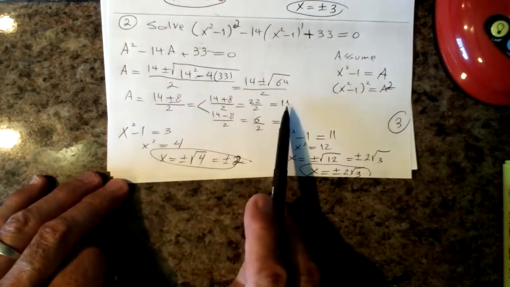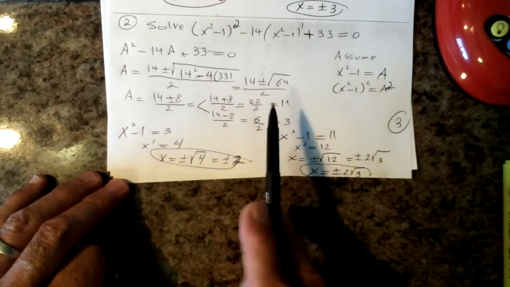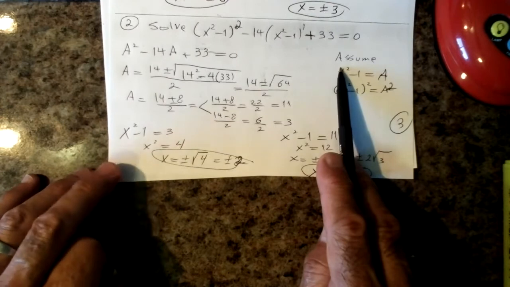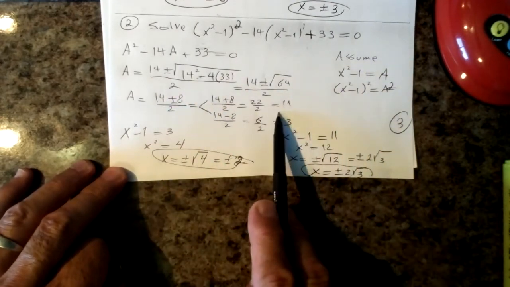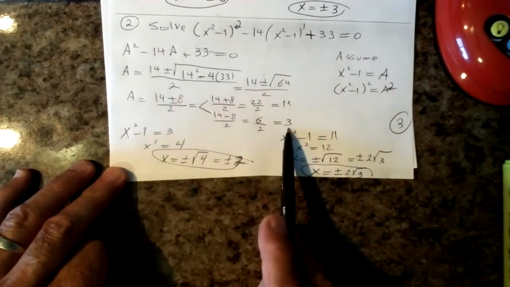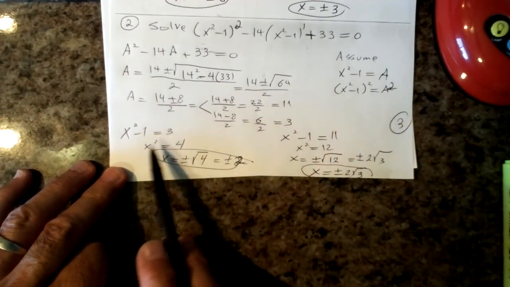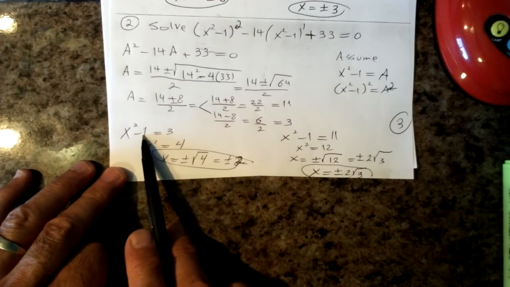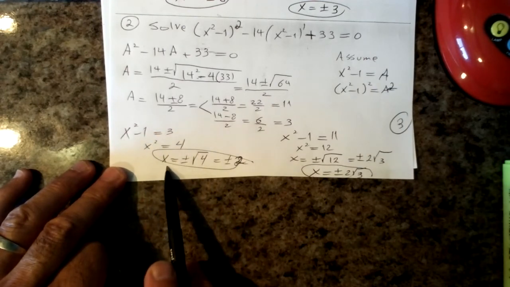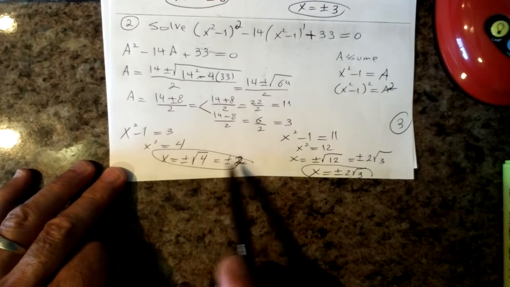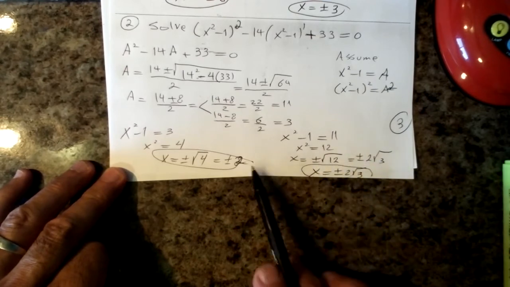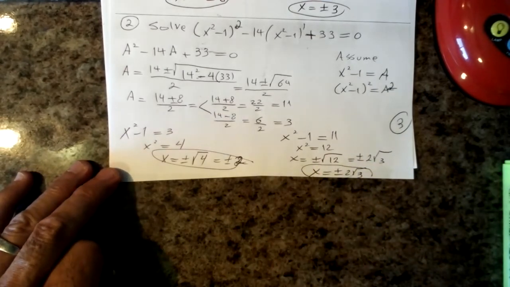You solve it for a. a is 11 or 3, but the assumption is that a is x² minus 1. So x² minus 1 equals 11, or x² minus 1 equals 3. If I move negative 1 to the other side, x² is 4, and x is plus or minus radical 4, or plus or minus 2. Two answers here and two answers here, so you have 4 answers for the x.